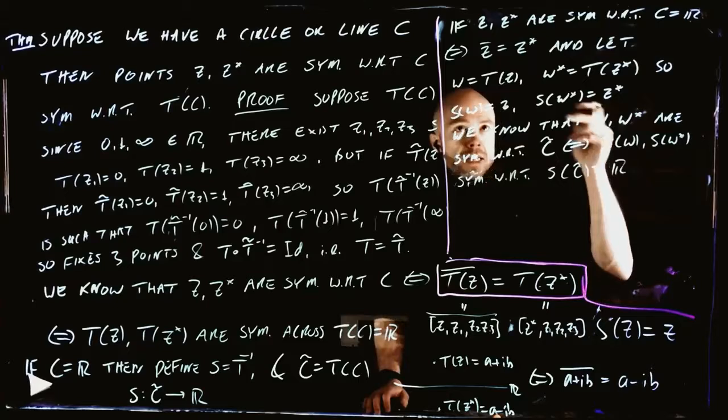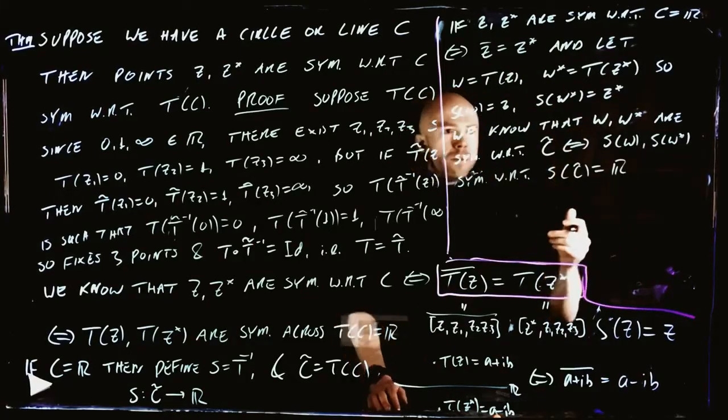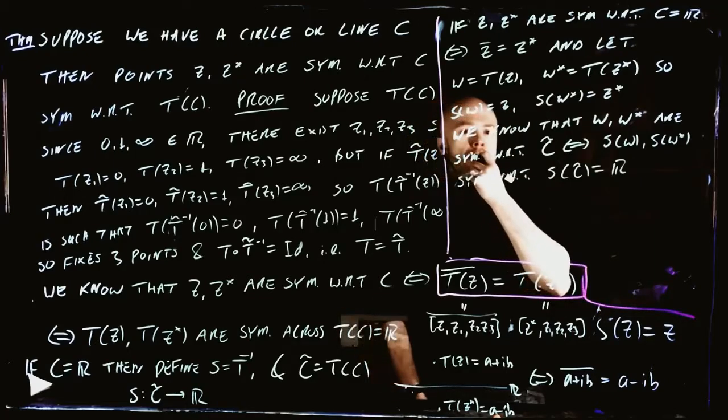But this statement is exactly the statement that Z and Z star are symmetric with respect to the real numbers, right?